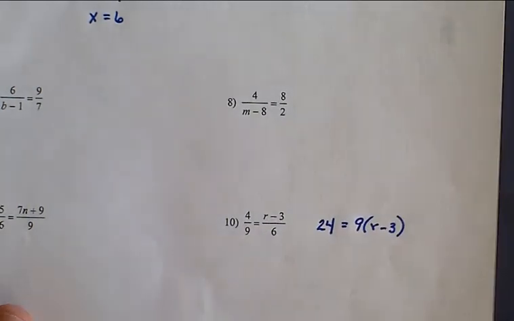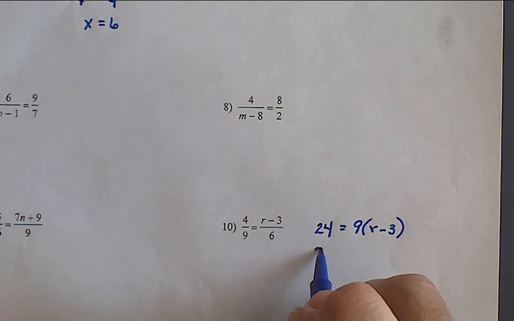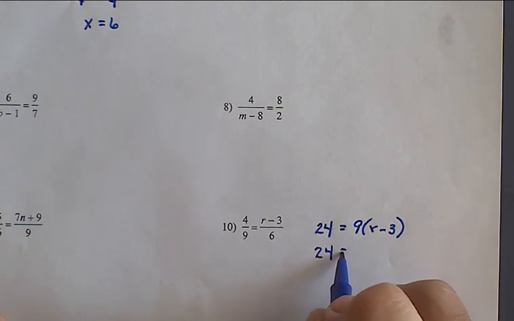Okay. And because of the parentheses and the monomial out in front, I need to distribute. So that becomes 9r minus 27.